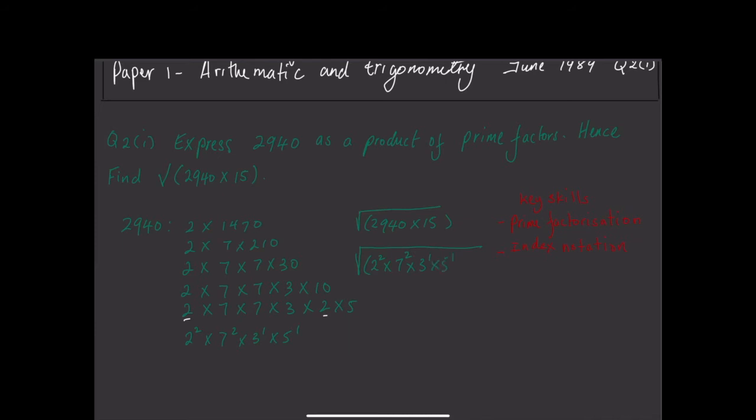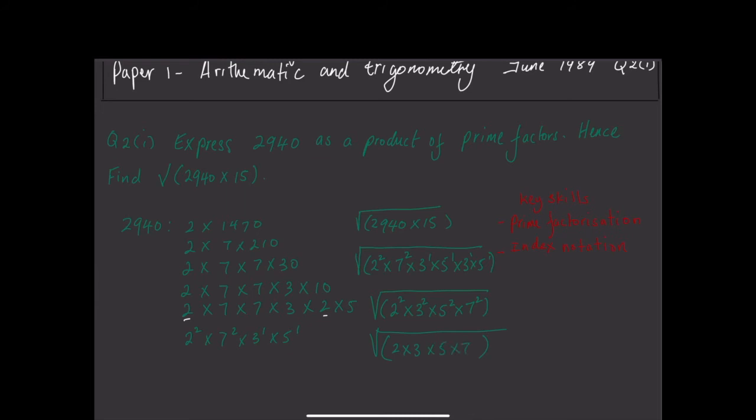So now we write 15 as 3 times 5. So now we're going to have 2 to the power of 2 times 3 to the power of 2 times 5 to the power of 2 times 7 to the power of 2. So we can rewrite that as the square root of (2 times 3 times 5 times 7) squared.